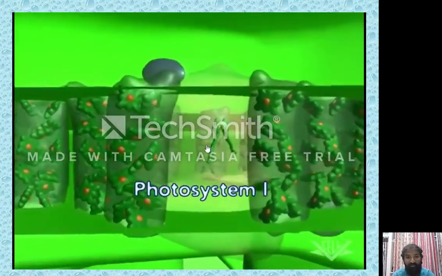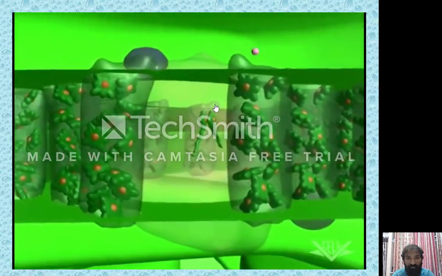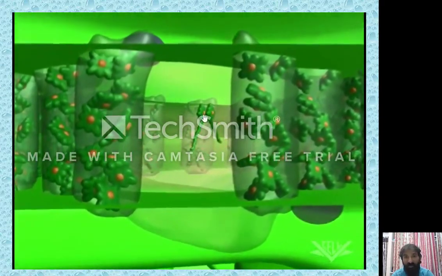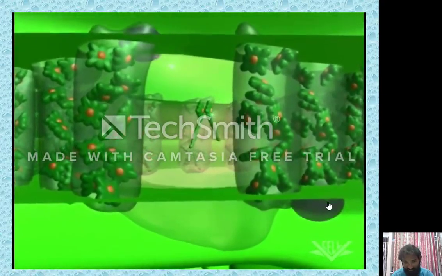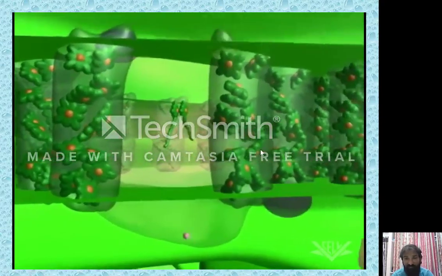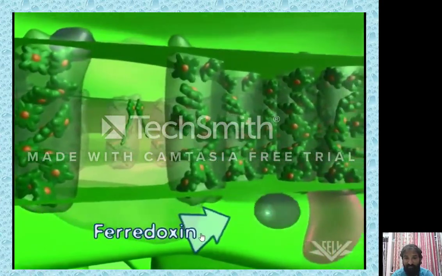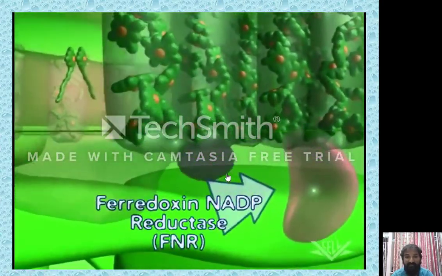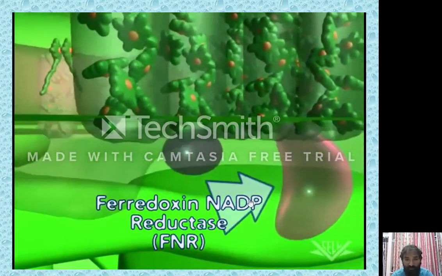In photosystem 1, the chlorophyll molecules receive the electrons, and these electrons pass to ferredoxin, and then finally to ferredoxin reductase. Here NADP is present. With the help of the energy the electrons bring, NADP is formed as NADPH plus.